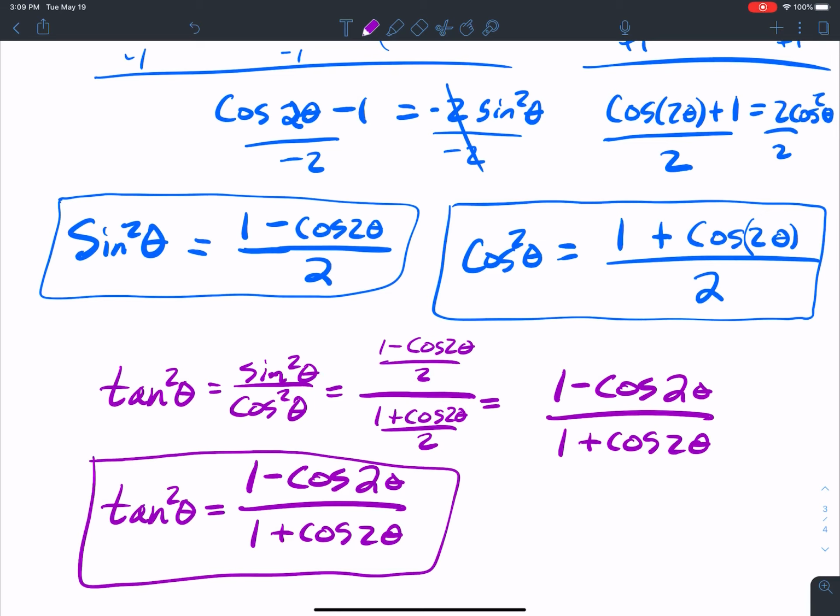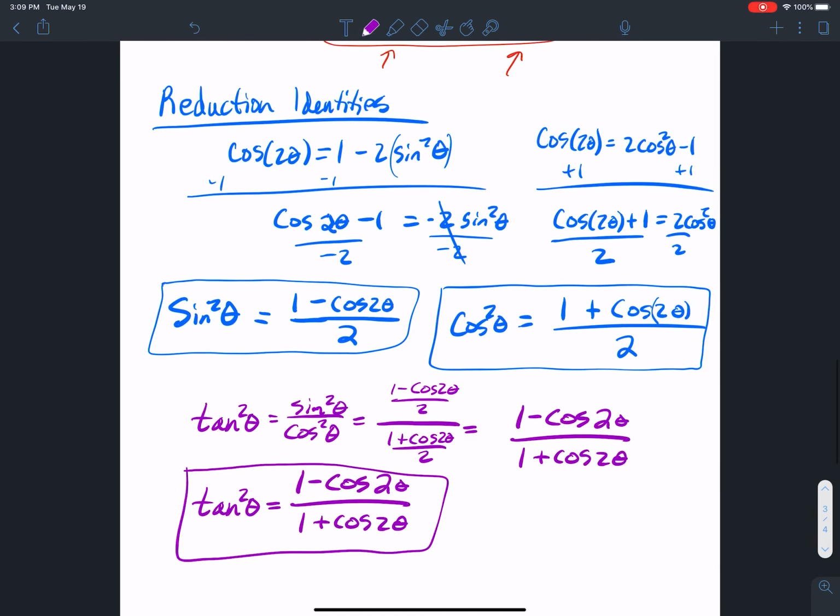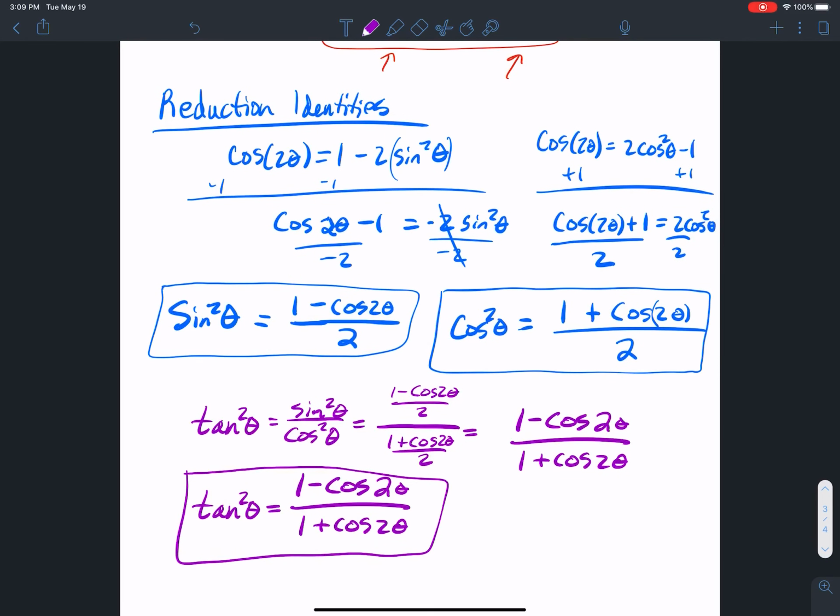All right, so no need to memorize those. If you can memorize the double angles, then you can derive the others.